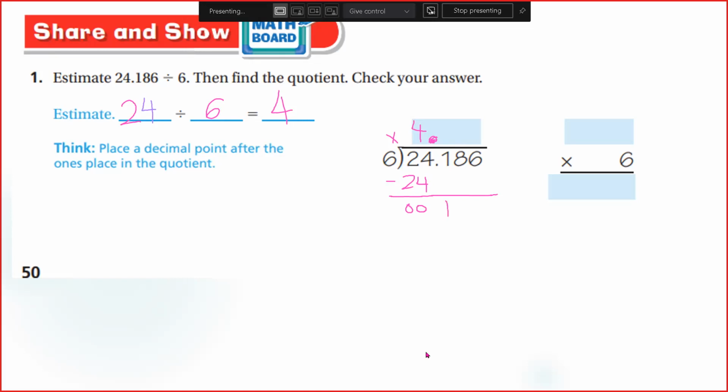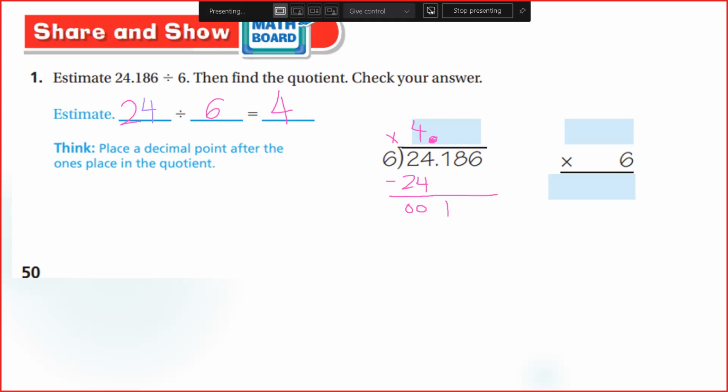Bring the 1 down, 1 over 6. Can you? So what do we have to do? Before that, I told you this number, the 1, I call it from the dividend.